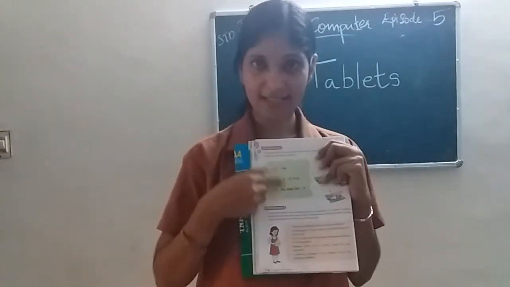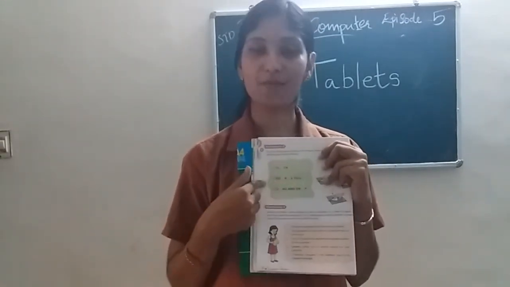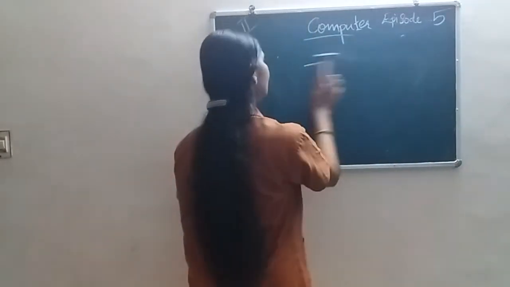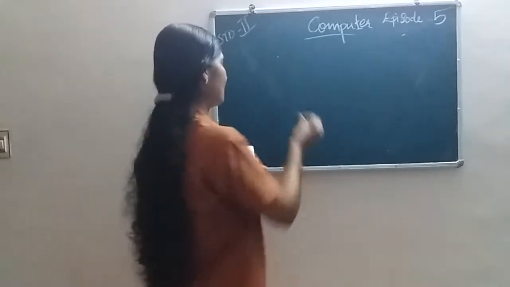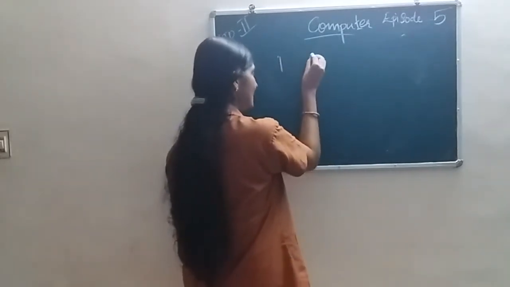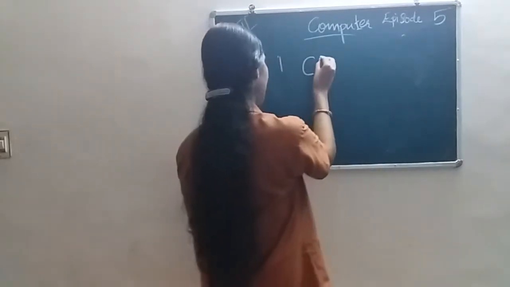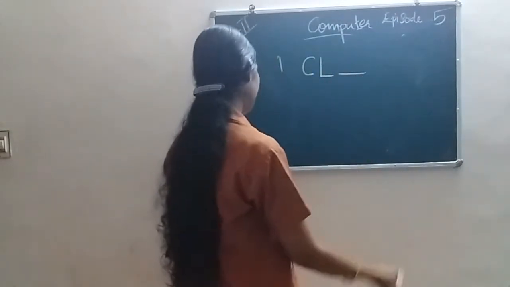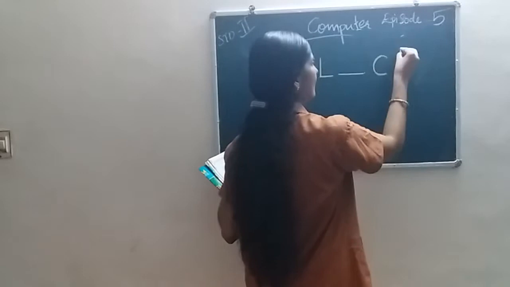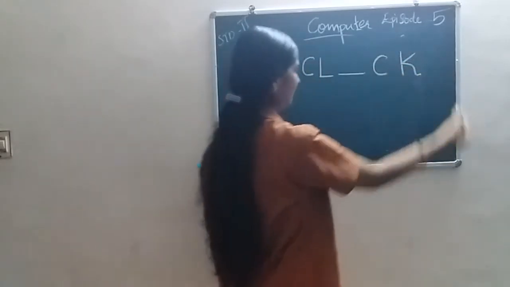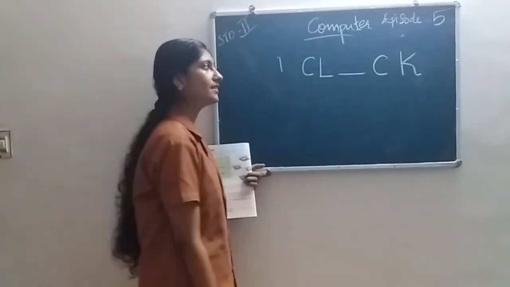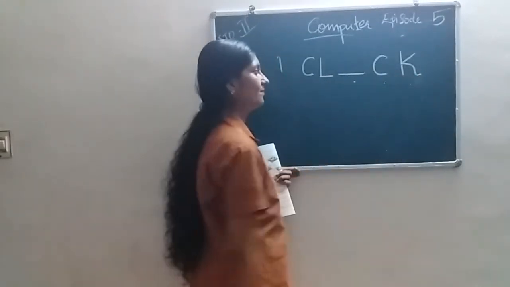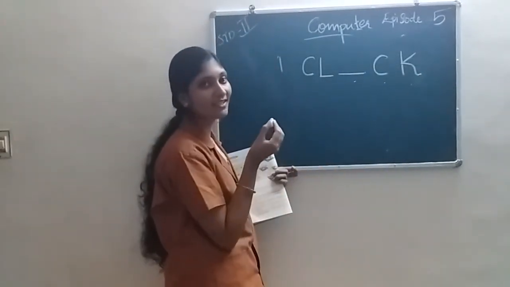Then you have to fill. There are some missing letters in these words. Then you have to fill that missing letter. So let's see. First is C, L, then there is a missing letter, and C, K. Can you identify the word C, L dash C, K? What is the missing letter here?